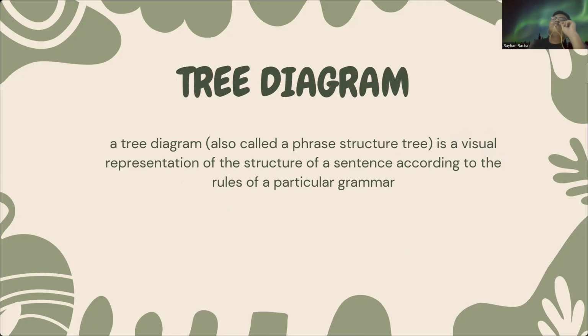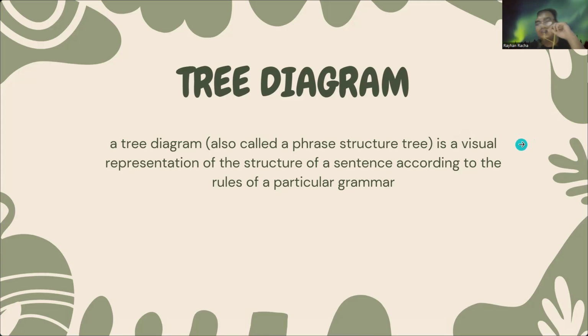So basically, we have to learn and understand part of speech first, because in order to understand the tree diagram, we have to understand which words count as nouns or which words count as verbs. That's why I explained the part of speech first.